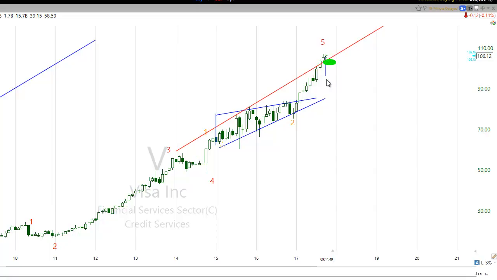If we form a tail, that would be great, and then closing back above it, so coming down a little bit below that trend line, forming a tail, and then closing gently above it, or going a little bit away from that red trend line and then retesting it before exhibiting the fifth manual wave of the third wave.